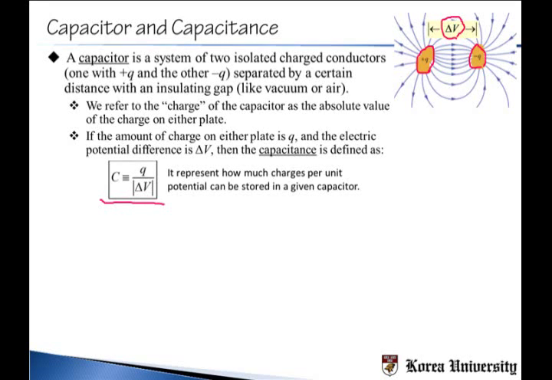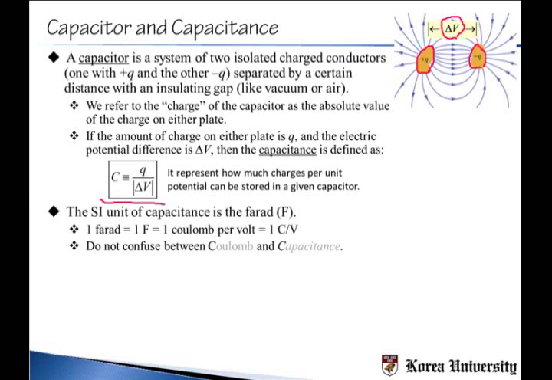Basically, it represents how much charge can effectively be stored per unit potential difference. So capacitance shows you how good the capacitor is for storing charges.